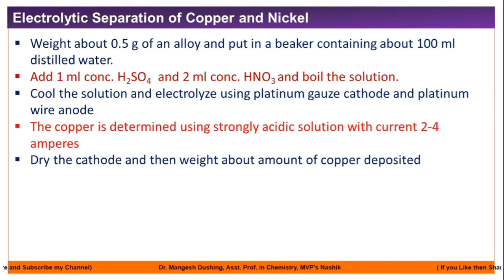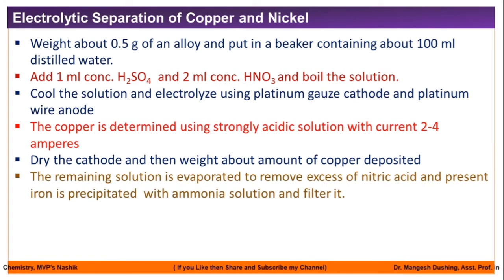After deposition of the copper on the electrode, dry the cathode and then weigh it to find how much copper is deposited on the electrode. After that, the remaining solution is evaporated to remove excess nitric acid, and the iron present is precipitated with ammonia, that is, in alkaline solution. Then we can filter it out, so the iron will be removed.